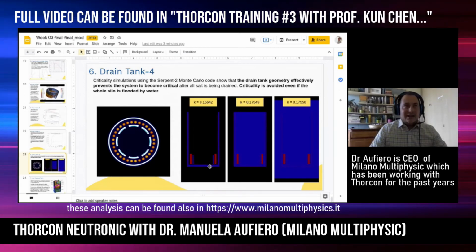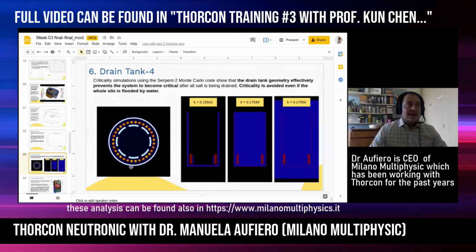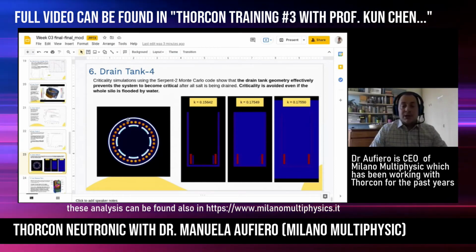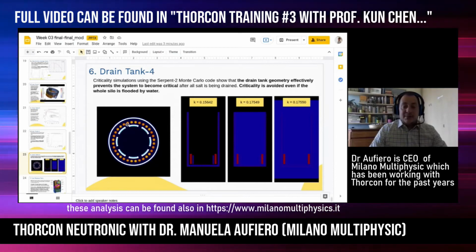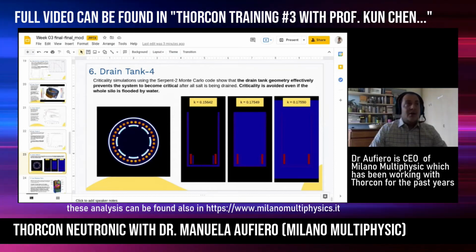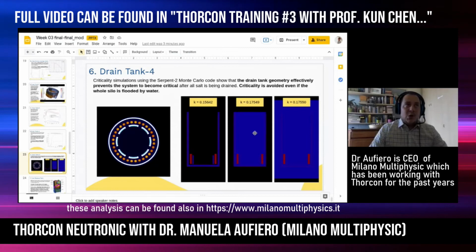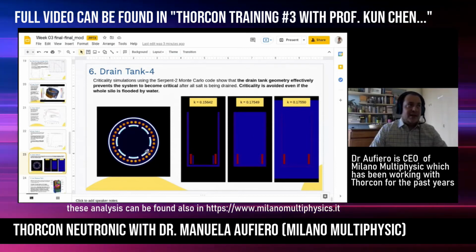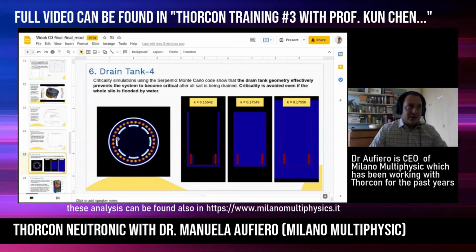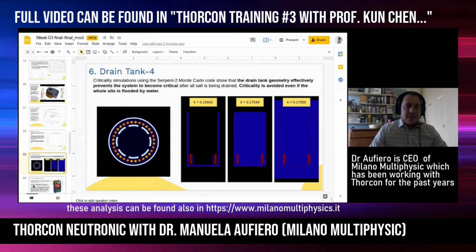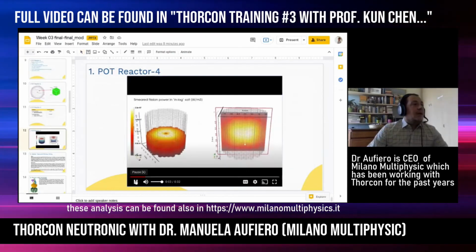This is an unlikely scenario, but nonetheless, the reactivity of the drain tanks full of salt, also considering the mixing with the makeup fuel, is way below 1. So there is no possibility of criticality, even in case of flooding of the entire space surrounding the drain tanks.